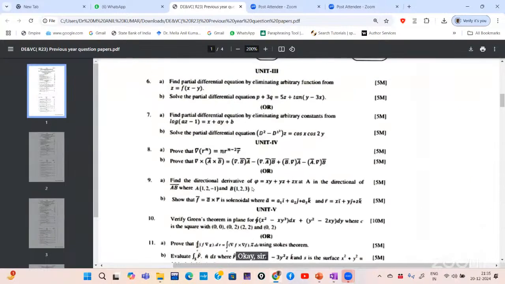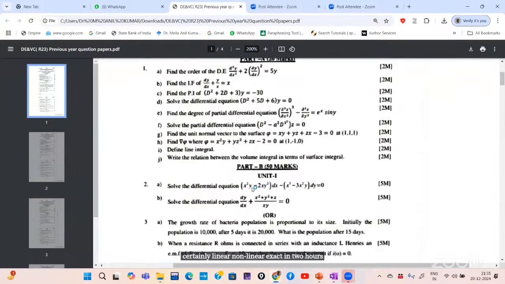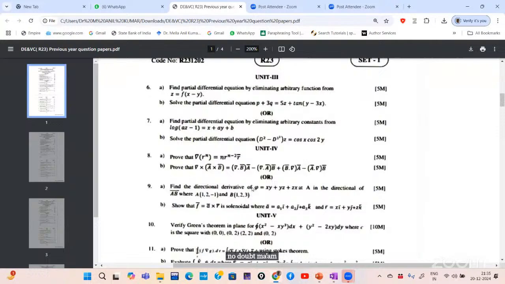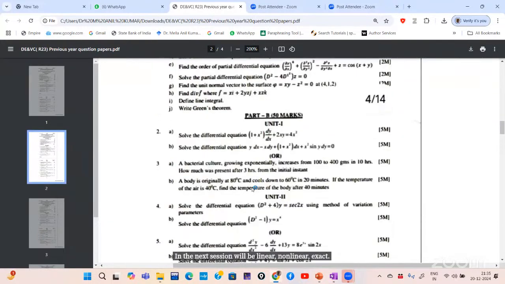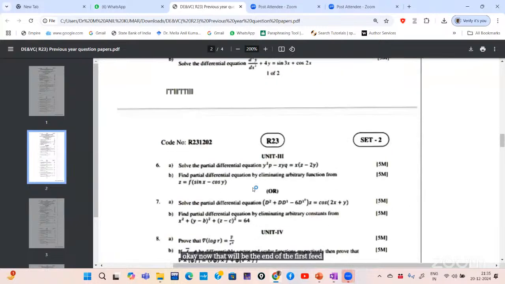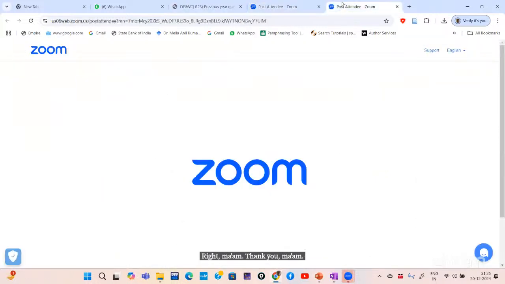Certainly linear, non-linear, exact in 2 hours. No doubt, ma'am, certainly I will cover them. In the next session will be linear, non-linear, exact. If we discuss them, that will be the end of the first unit. Right, ma'am. Thank you, ma'am. Shall we leave?